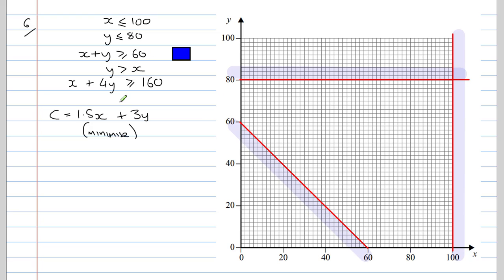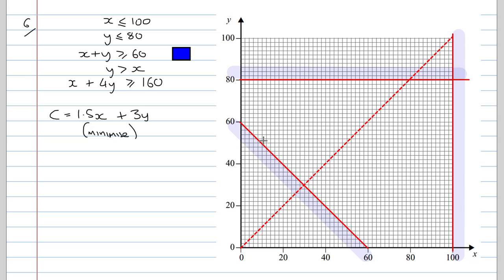The next line is Y is greater than X. For this one, you need to be careful because it's a strictly greater than inequality, which means you should draw it as a dotted line. Provided my scale is the same on both axes, it's just a 45-degree diagonal line that goes from corner to corner.